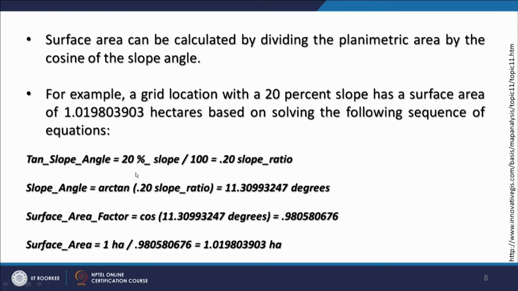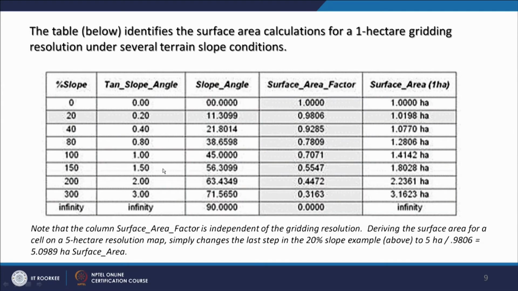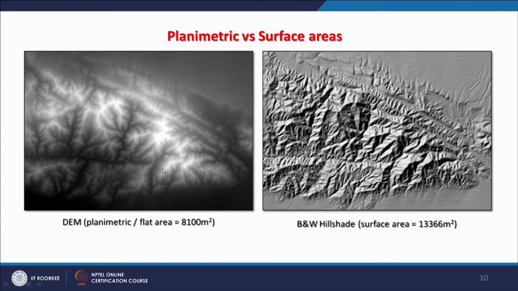Only that step will change as per the resolution, but the result would remain the same. We can see this planimetric area versus surface area of a sloping surface through these two figures. The left one is a simple digital elevation model, and here the z axis has not been given except gray value.